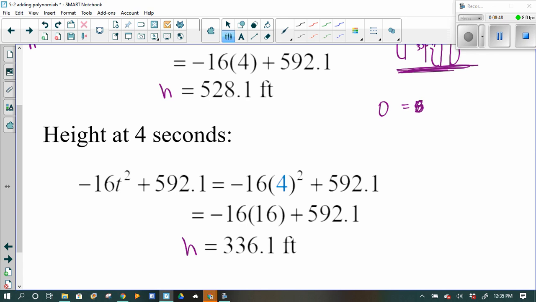So here, that's 592.1. If I wanted to know how long it took, then I would solve saying that the height was 0. And so then you would have to work backwards, which we will get to, but I just want to make sure that you're not plugging in your numbers here.